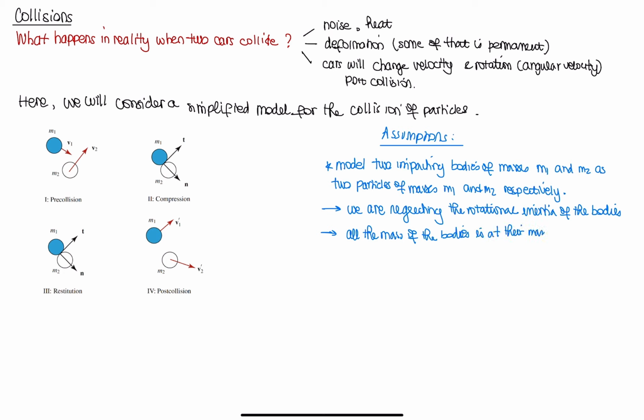Going back to the previous point, if the body is not rotating, even if you think about it as a bigger particle, like in this adjacent figure, all the points on the body have the same velocity.